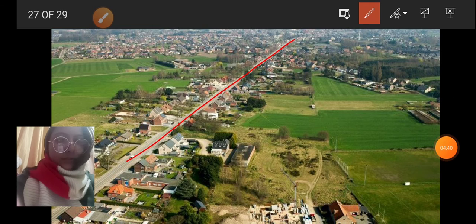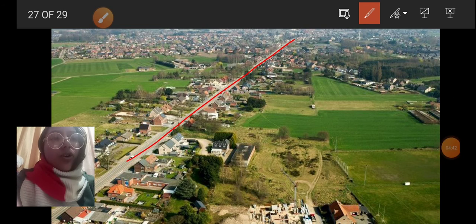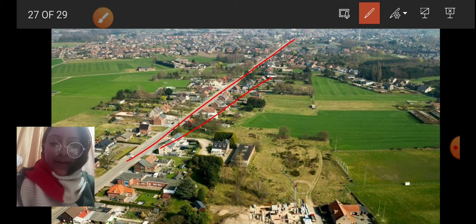Small settlements that occur along a straight line are called linear settlements. They usually occur along transport routes such as rivers, roads, or railway tracks.